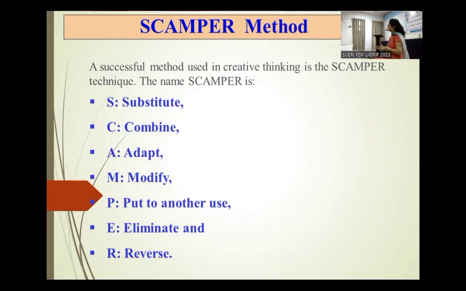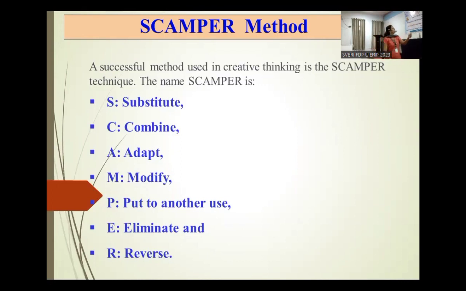Second is the camera facility. Nowadays selfie, that's why addiction, that's why more focus while buying a mobile, they are focused on the camera purpose. That means C stands for combine, that means 2-3 features you can add in one product, so that your innovation in the product can be reflected.